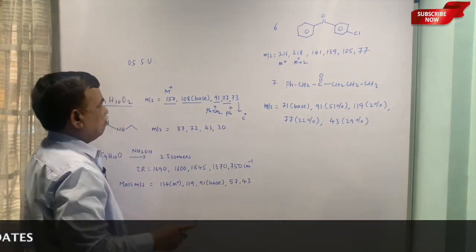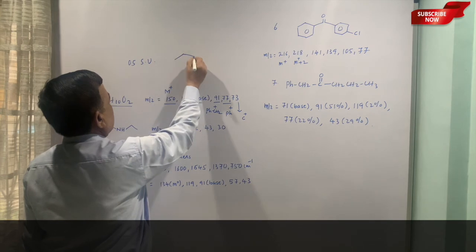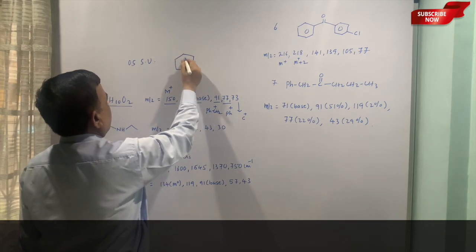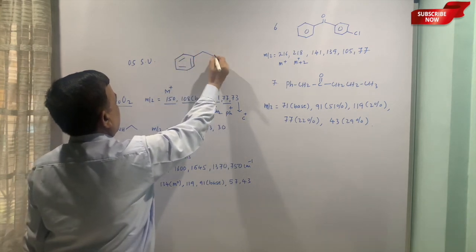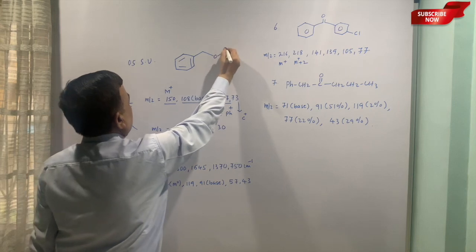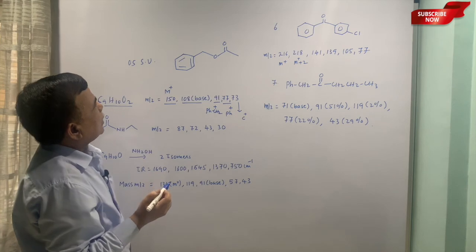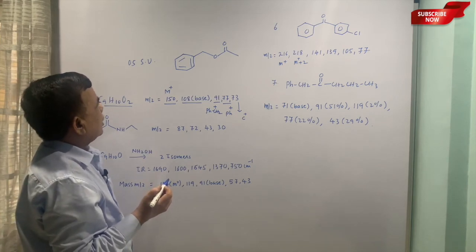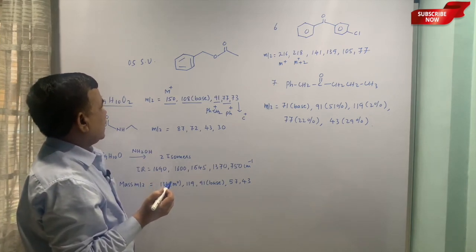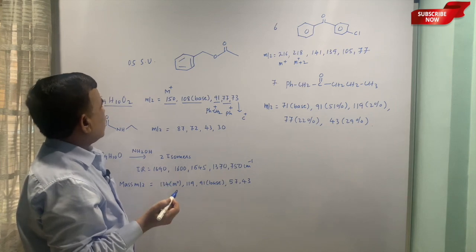So, I will just draw the structure of the molecule and then we can explain the peaks. Now, this has to be there. So, 10 hydrogens, 9 carbons, 2 oxygens, that is ester.